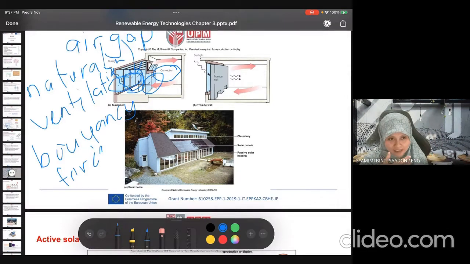We assume that the density of the fluid, if the fluid has a higher temperature, it will be less dense, right? The density will be lower. For gas or fluid, if it is hotter, usually it will be at the top. Air or fluid that is colder, meaning lower temperature, usually will be at the bottom because it is more dense, its density is higher. Usually we assume like that.